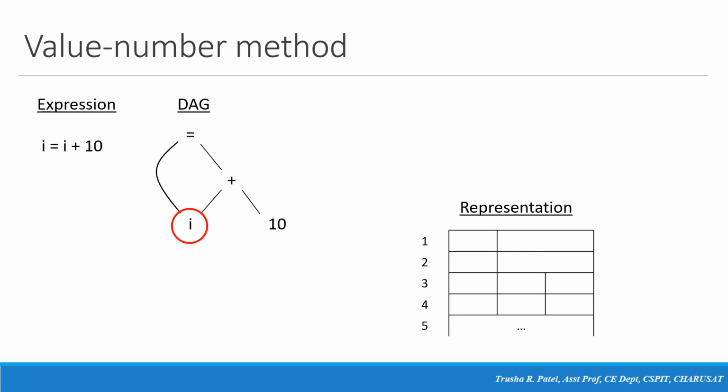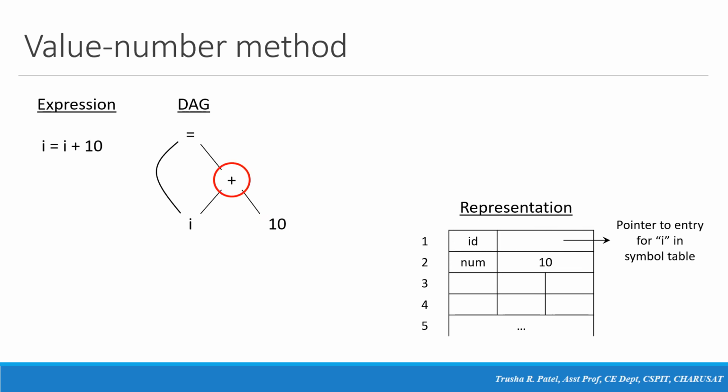First we have i. So at index number 1 we have an entry like id and the pointer to the entry of i in the symbol table. Next we have 10. So the entry is made at index number 2, that is num, and the value of that number is 10.